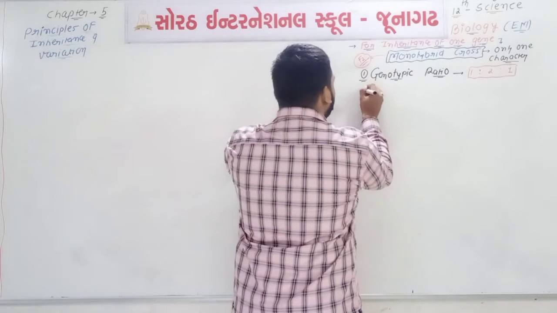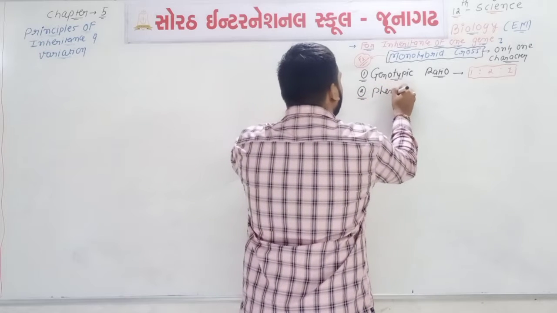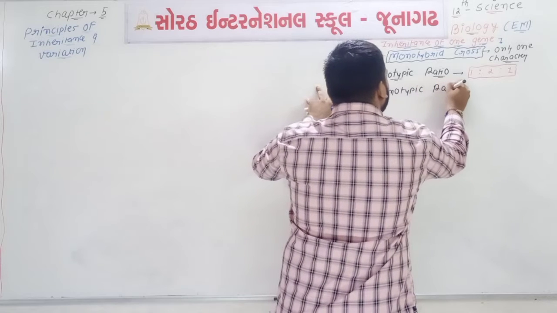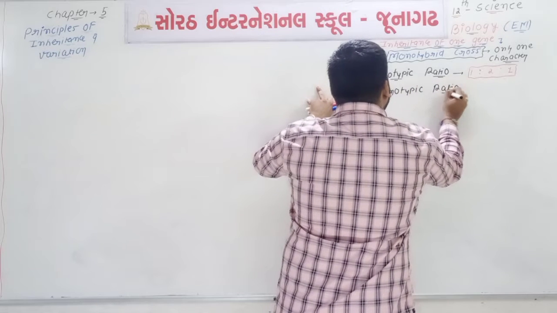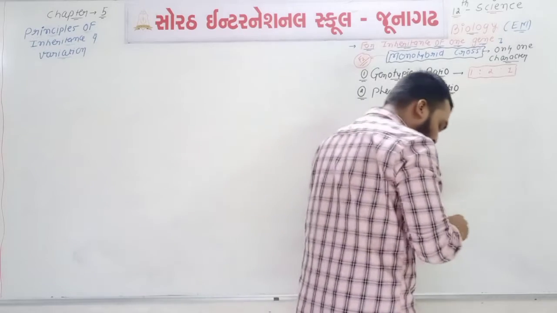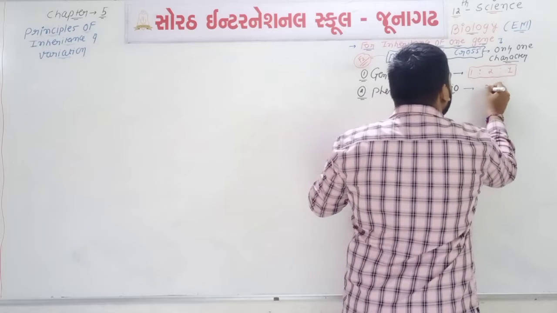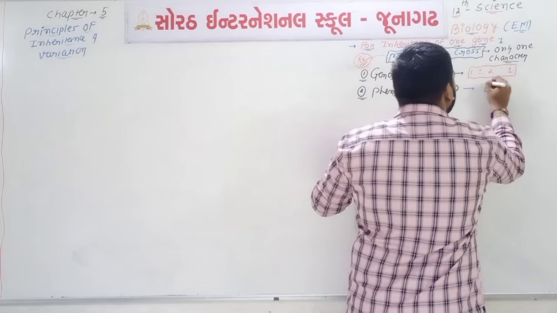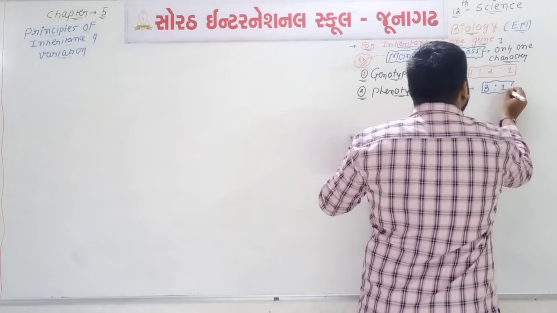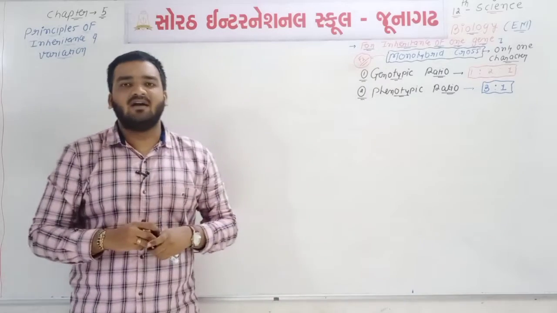The second type of ratio is known as the phenotypic ratio, and the result of the phenotypic ratio will be 3:1, meaning 3 tall and 1 dwarf plant.